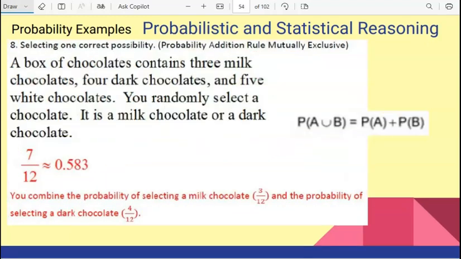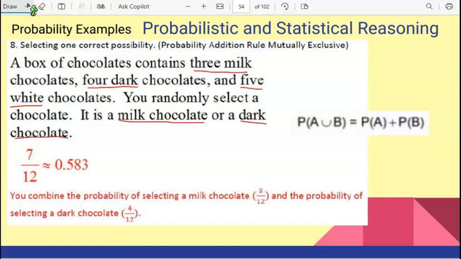Here's an example of addition rule when they are mutually exclusive. A box of chocolates contains 3 milk chocolates, 4 dark chocolates, and 5 white chocolates. You randomly select a chocolate. What's the probability that it is a milk chocolate or a dark chocolate?